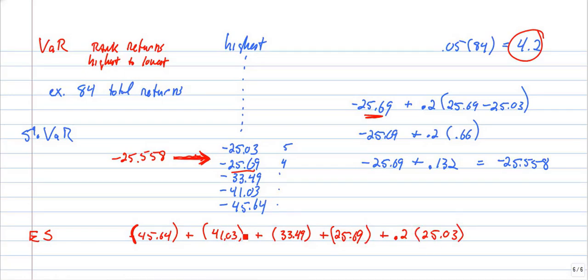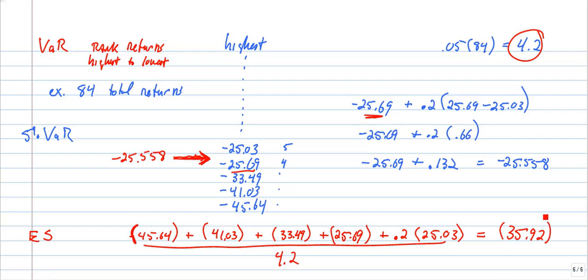So we got 4.2 returns divided by 4.2. And when we take this average, we get negative 35.92. So the 5% expected shortfall is this number, negative 35.92.